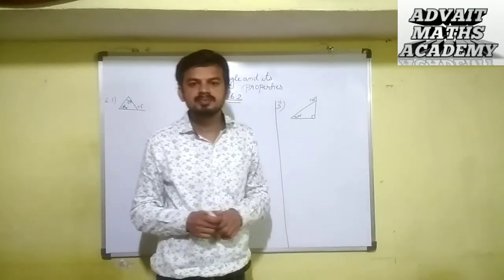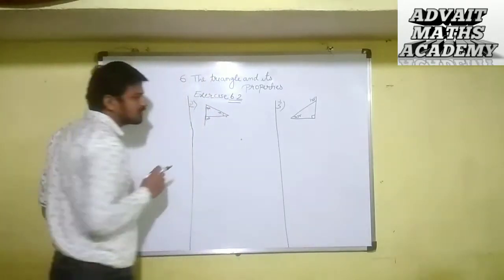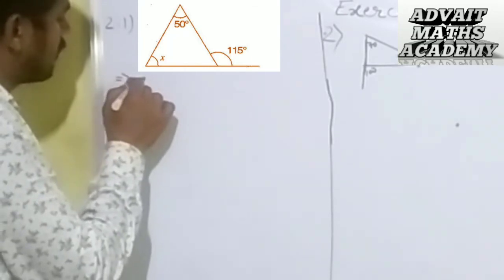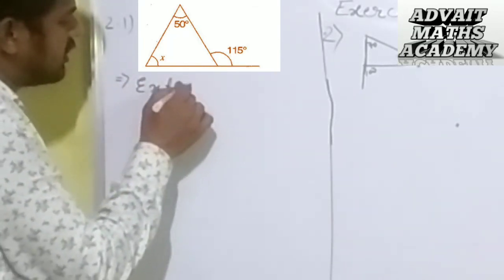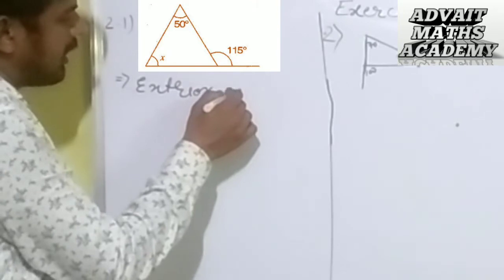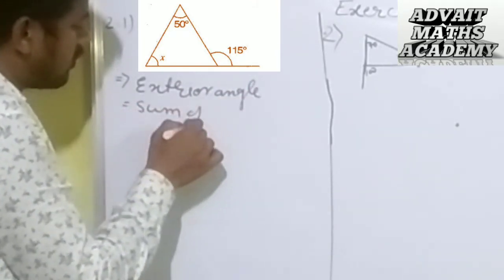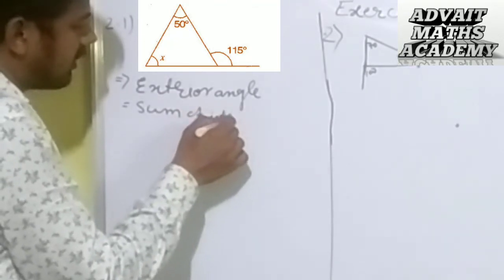The second question, in that you have to find the value of x. Exterior angle is equal to the sum of interior angles.